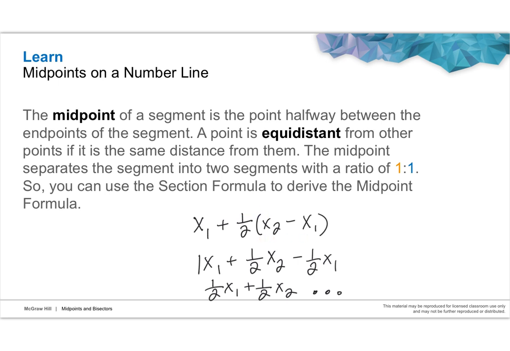So if we were to distribute this 1/2 here to both terms, we get x sub 1 for our first term, or 1 times x sub 1, plus 1/2 x sub 2 minus 1/2 x sub 1. And if you'll notice, we have two like terms with multipliers times x sub 1. So 1 and then a negative 1/2 becomes a positive 1/2 x sub 1 plus 1/2 x sub 2. And then you can see our ellipsis here to our next slide.